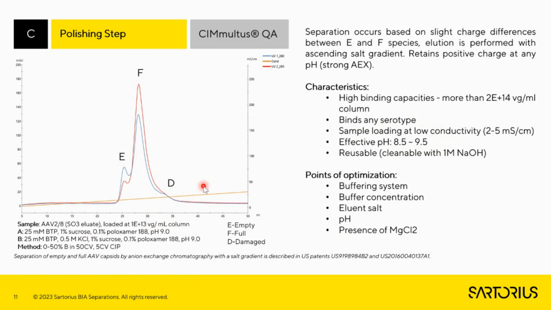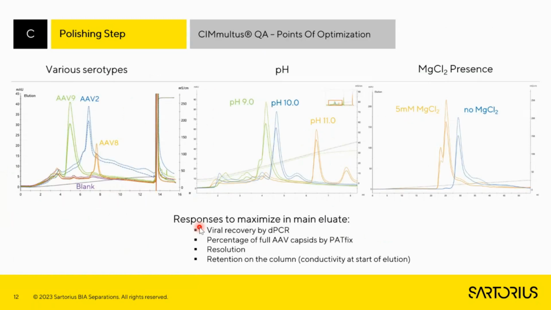Now, here on the left side, we have a chromatogram of how an AAV8 SO3 looks. Later on, we will also see the Prima S and Prima T. Do keep in mind that we're seeing the same sample, applied at the same loading rate, but you will see how it differs from monolith to monolith. For optimization on the QA, we have to account for differences in serotypes.